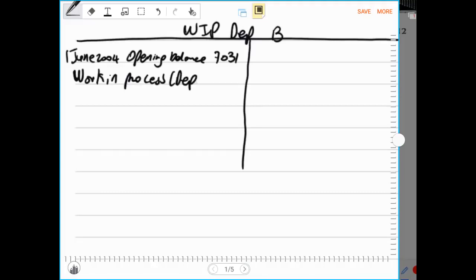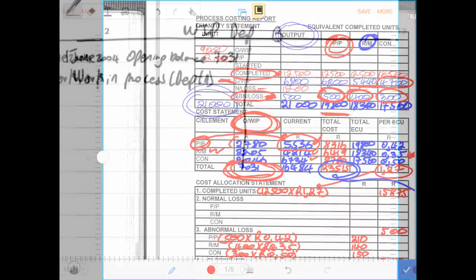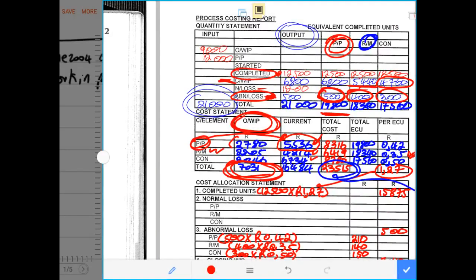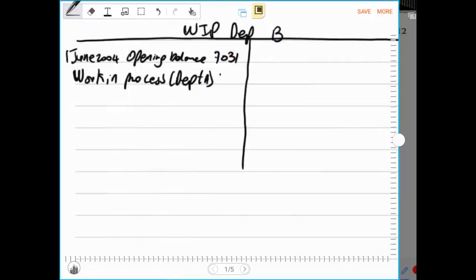This will be department A, and that work in process from department A amounted to 5,536, and we have recorded that.